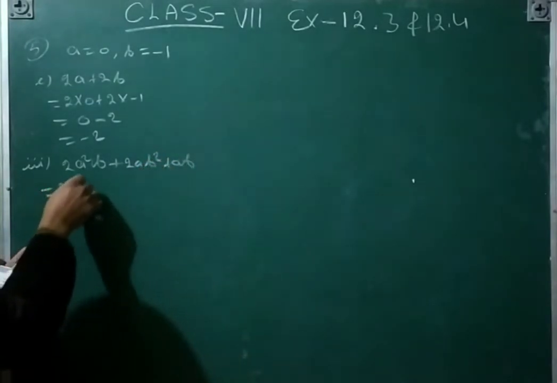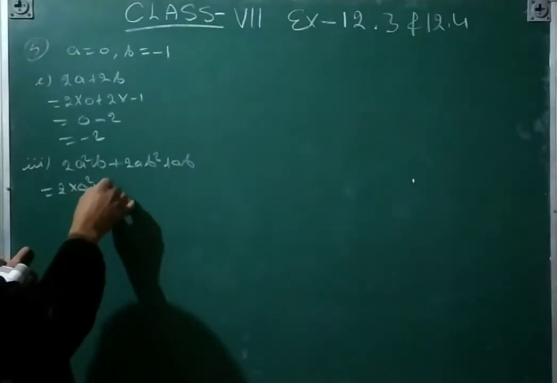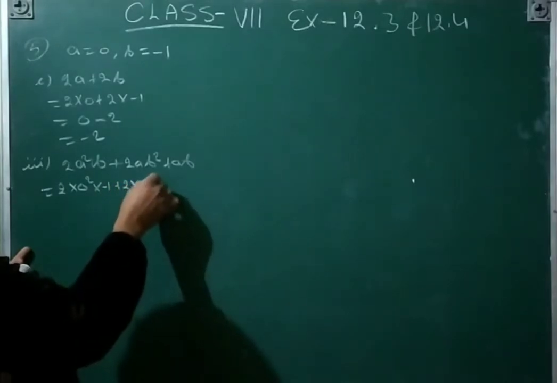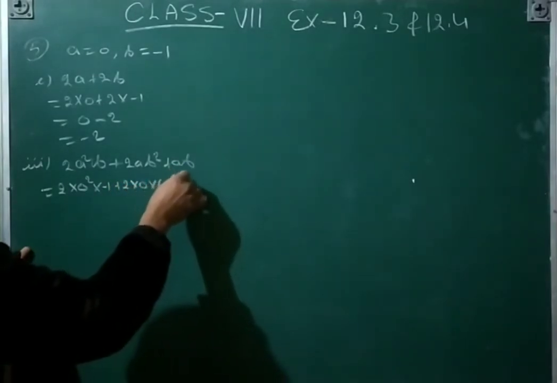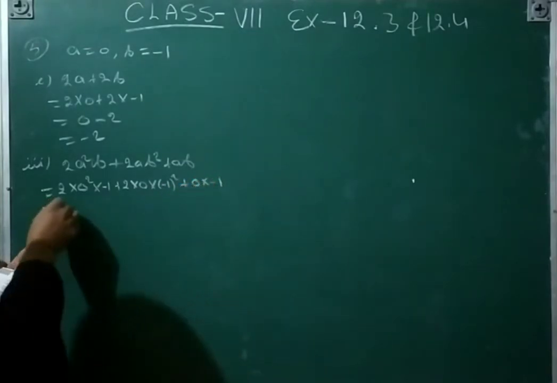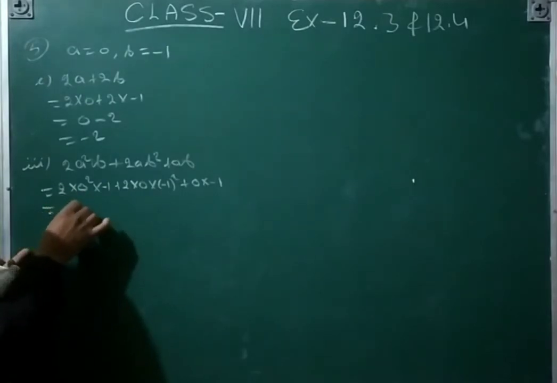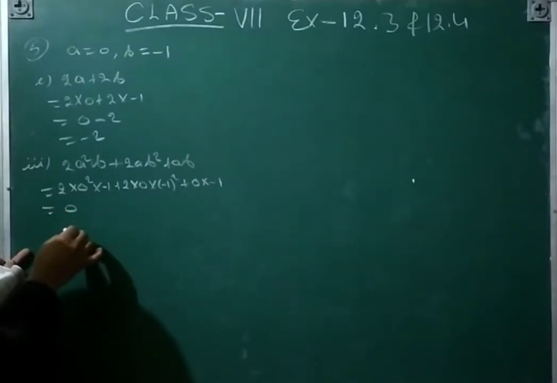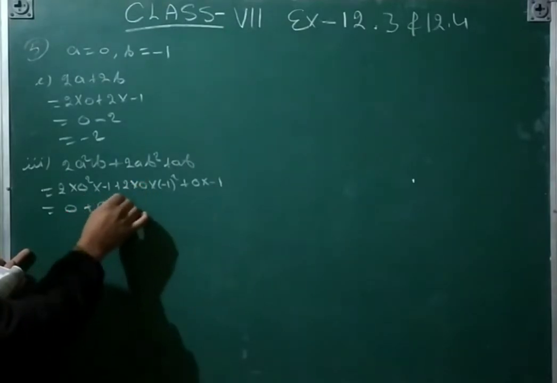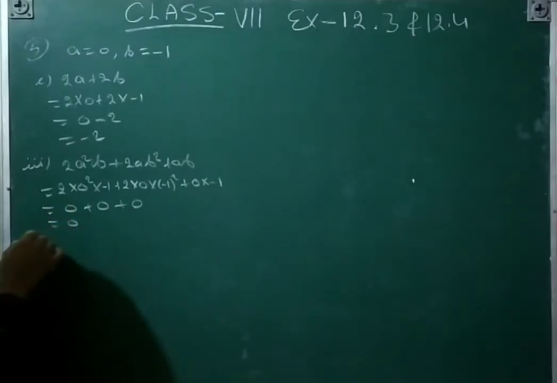So that is 2 into 0 square into minus 1, plus 2 into 0 into minus 1 square, plus 0 into minus 1. If anywhere 0 has come in multiplication, everything will be 0. So this is 0, here also 0, and here also 0. So the answer is 0.